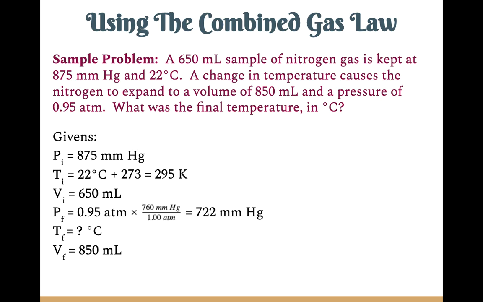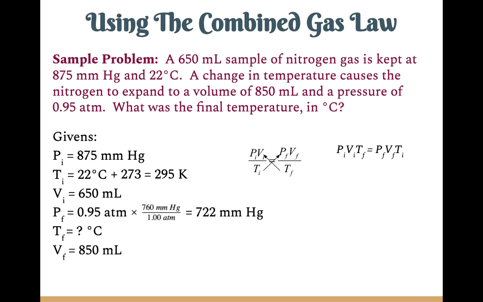Now that we've got our units straightened out, we can use the equation Pi Vi over Ti equals Pf Vf over Tf. This time I'm going to rearrange the equation before I plug the numbers in. To do that, I'm going to cross multiply the temperatures to give me Pi Vi times Tf equals Pf Vf times Ti.